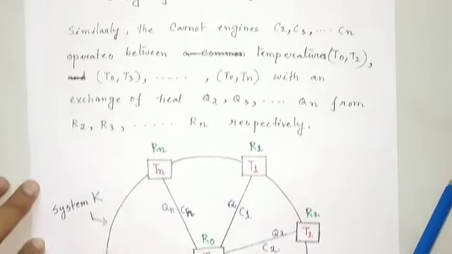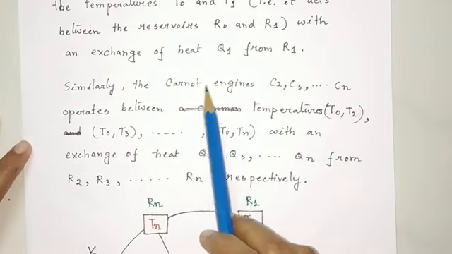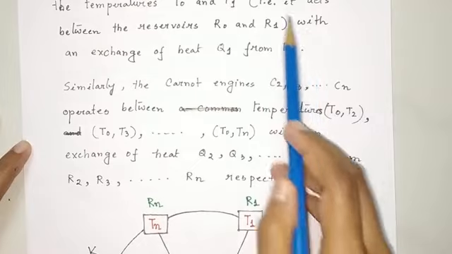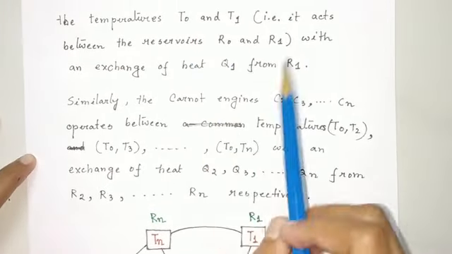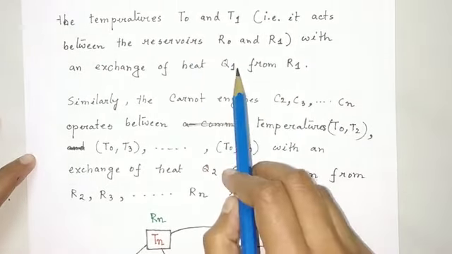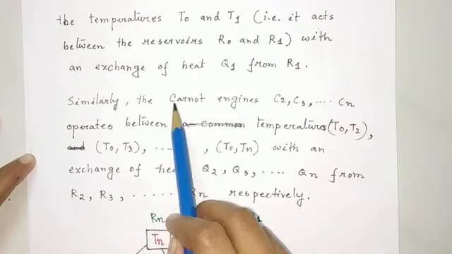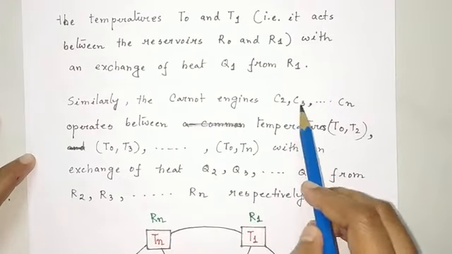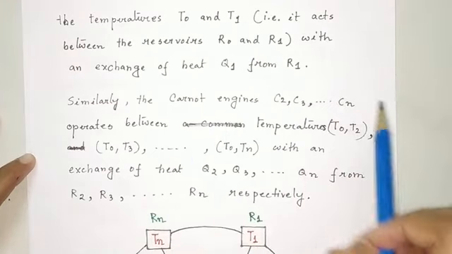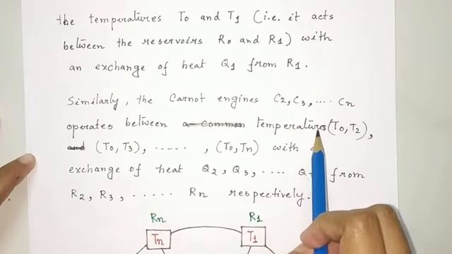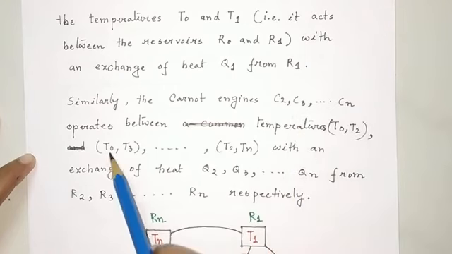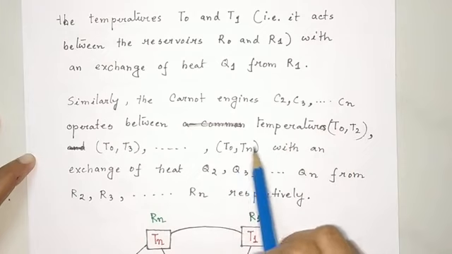That's why it is said that the C1 Carnot engine acts between the temperatures T0 and T1 and exchanges an amount of heat Q1 with R1, and similarly the other Carnot engines C2, C3, up to Cn operate between the temperatures T0 and T2, T0 and T3, up to T0 and Tn respectively.